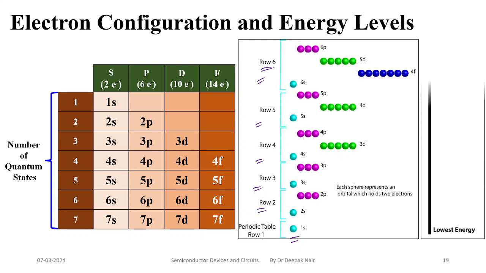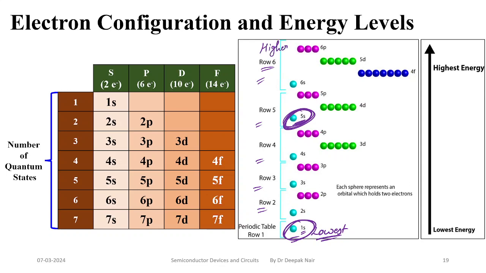Now, the energy levels rise upward. That means this level has the lowest energy. So, electrons which are revolving in the 1s will have lower energy compared to the electrons revolving in the 5s. Although both are s, 1s will have lower energy, and the higher the row, the higher the energy associated with them.